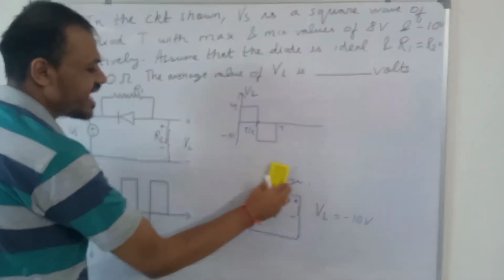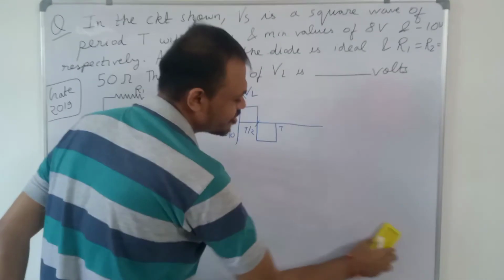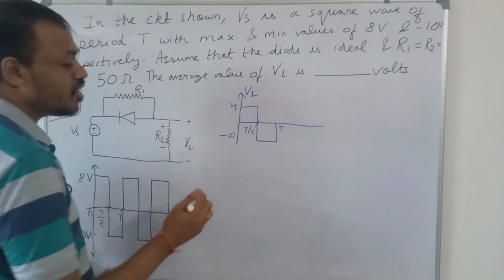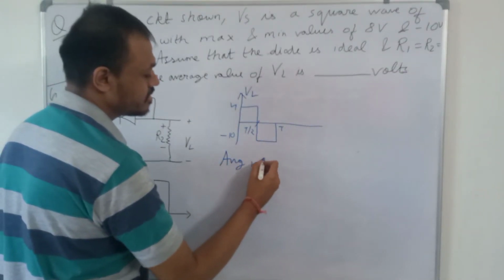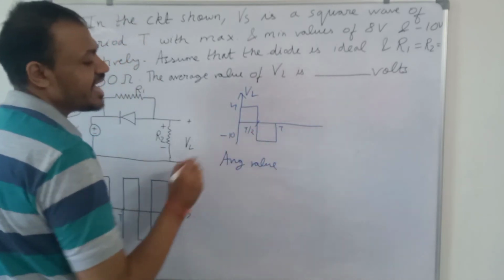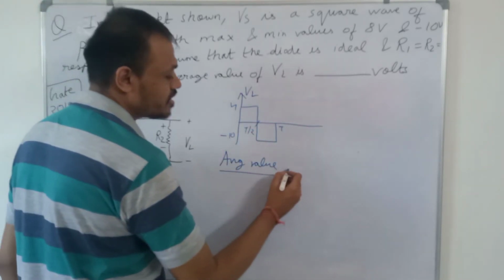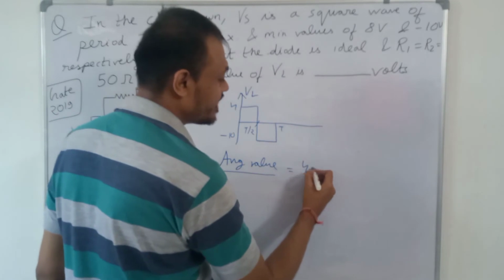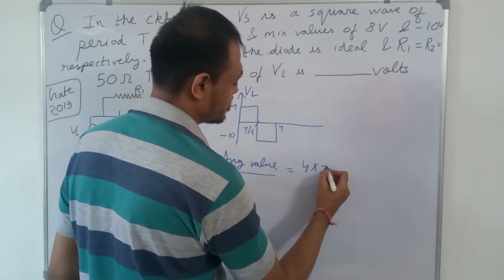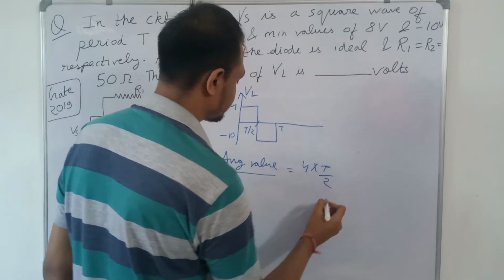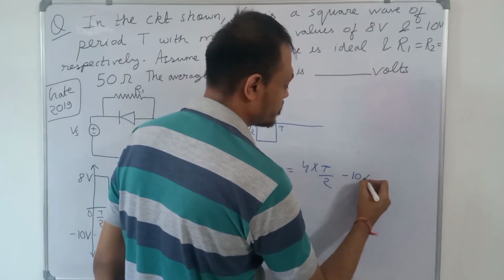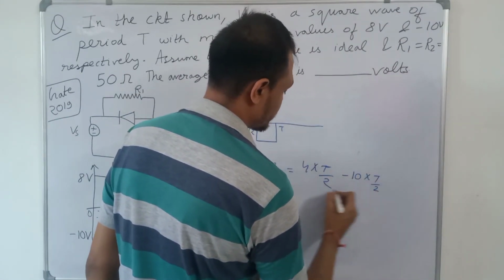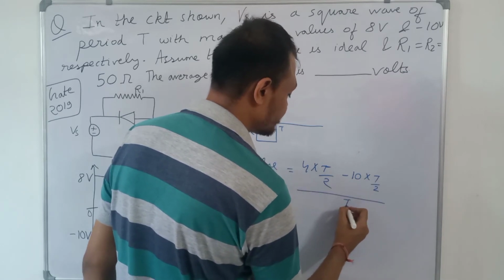So we have to find the average value of VL. How to calculate the average value: we take the total area and divide it by the total time. So the total area will be equal to 4 into T by 2 plus minus 10 into T by 2, and divide by the total time.